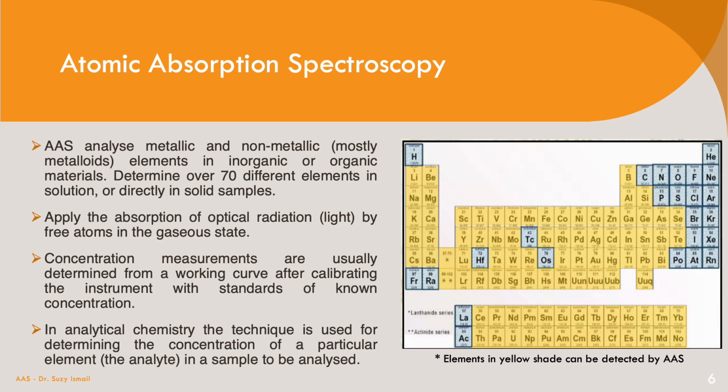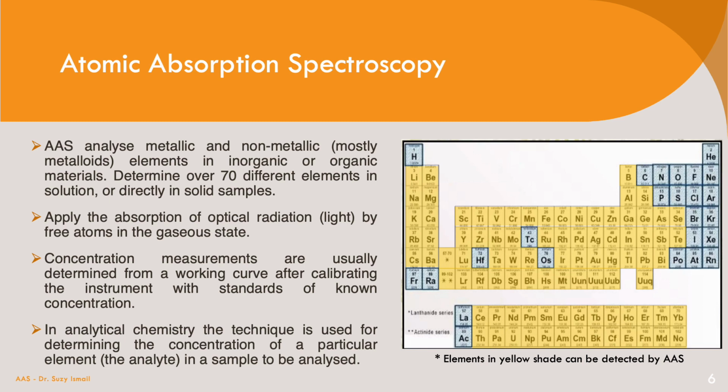Or you are drinking water now, and you wonder whether that water contains lead, okay, the plumbum. So how much is the concentration of plumbum contained in your daily drinking water? If you want to know it, you can measure through AAS.